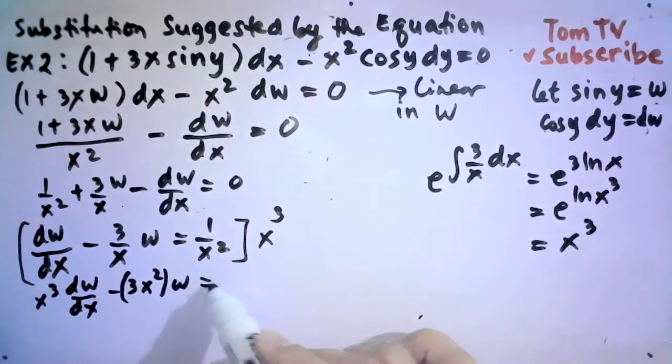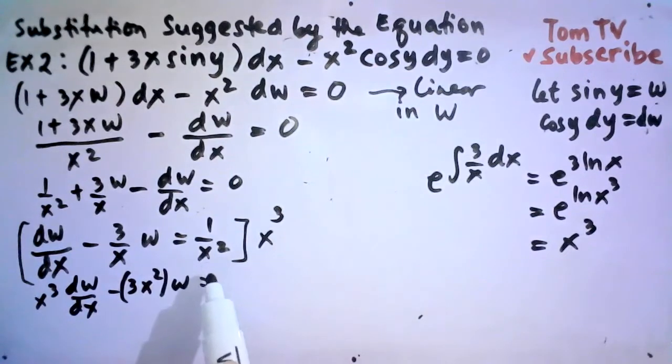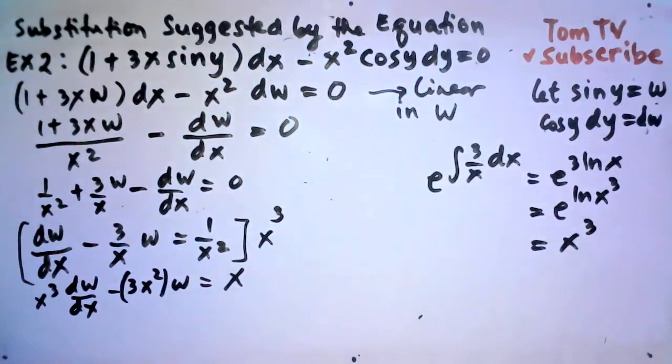And then the result here is x cubed times 1 over x squared, that is equivalent to x. So that is the result.